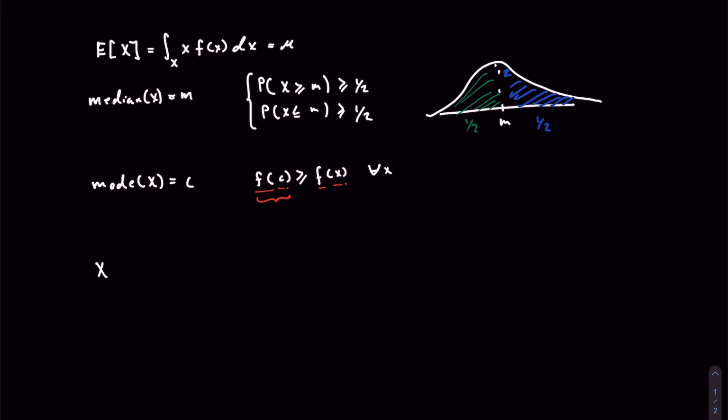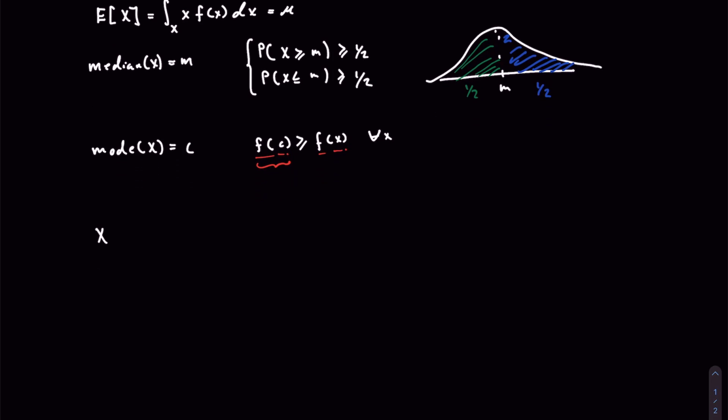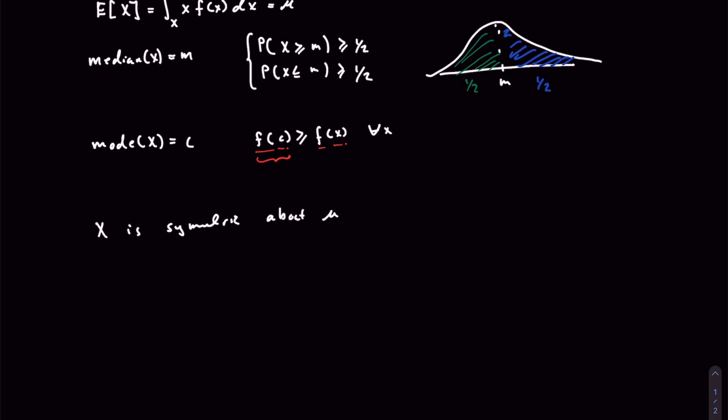Mu, I just said, is the mean here, but symmetry basically means that x is symmetric about a value that I just called mu, but it will actually coincide with the mean if it's symmetric.